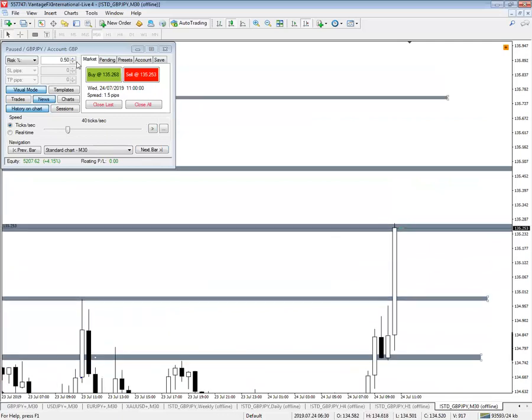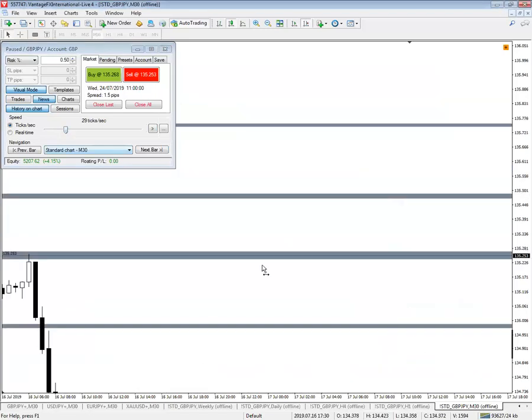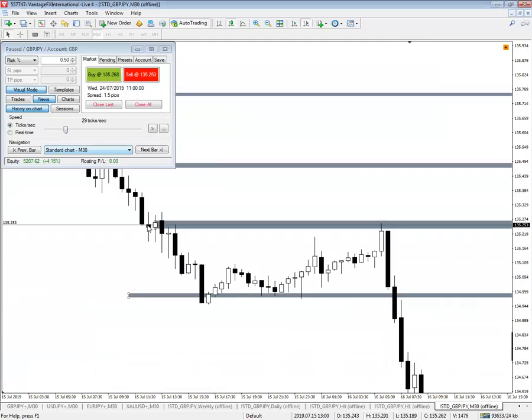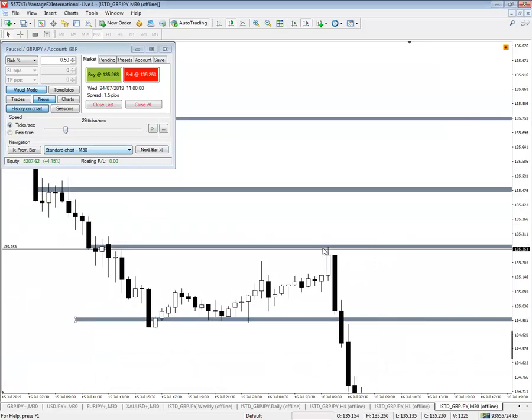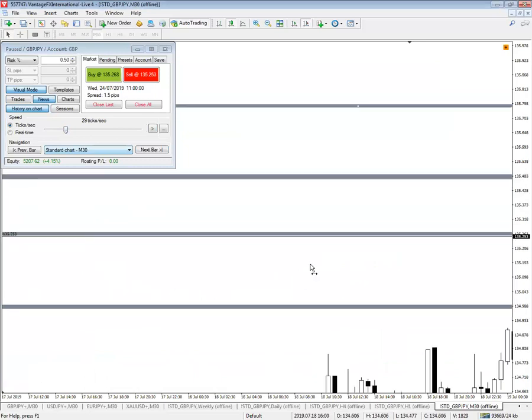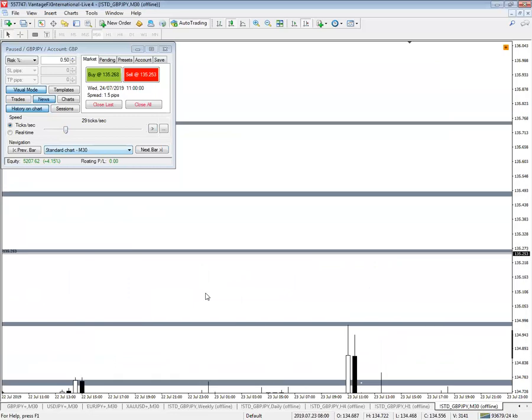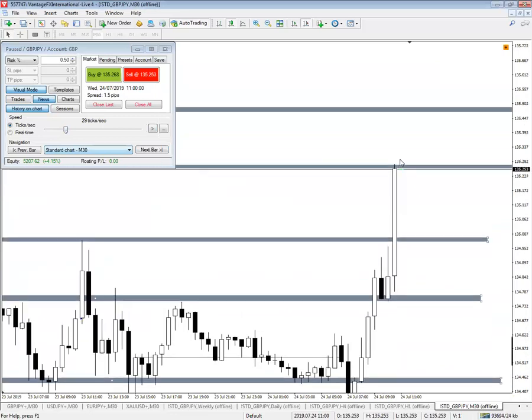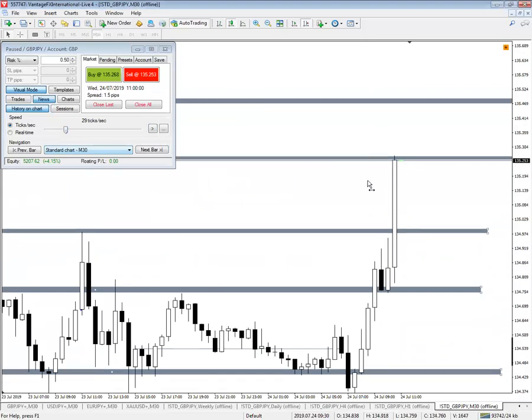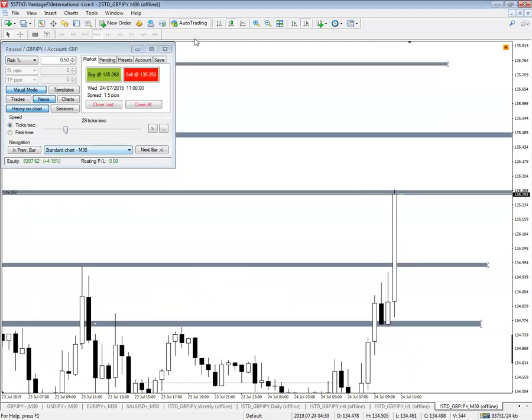Awesome, so it gets a little bit trickier because now we're at this next resistance. So when we look left, we're coming up to this next problematic area, right? So we're at this resistance and we're going to need to wait for a break above this area 100% for a continuation. Otherwise, maybe this move up is going to get corrected because there's nothing fundamentally that's pushed price up 80 pips right now. But of course we need to wait and see.